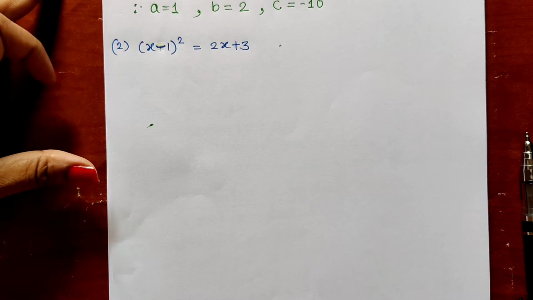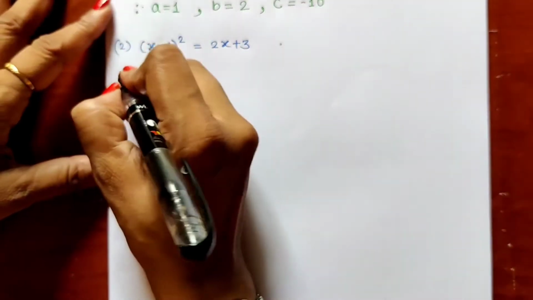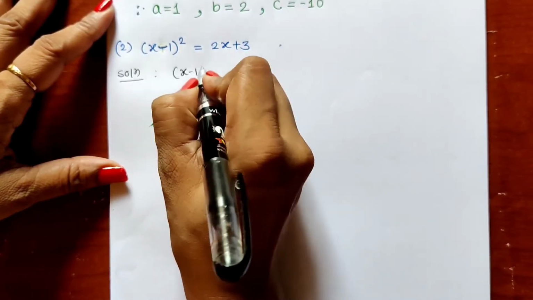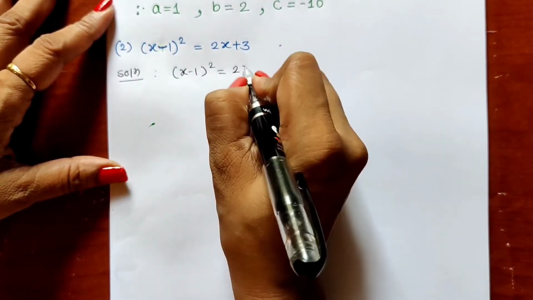So let us start the solution. X minus 1 whole square is equal to 2x plus 3.